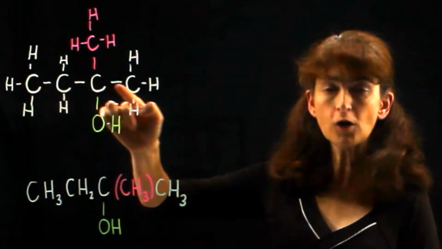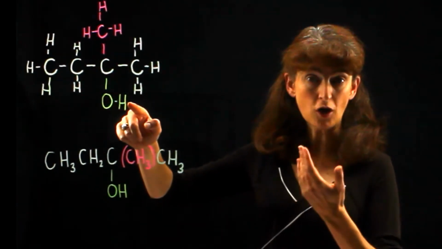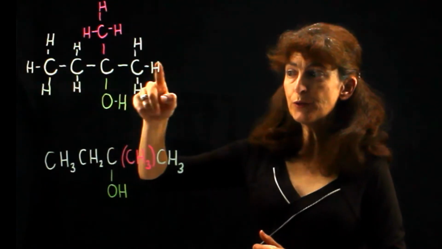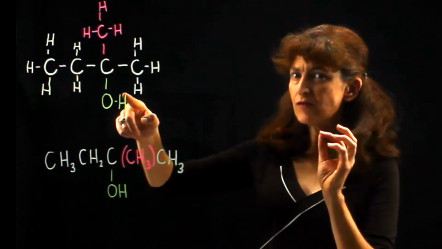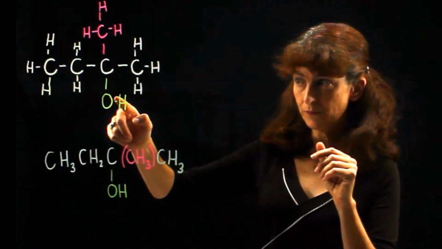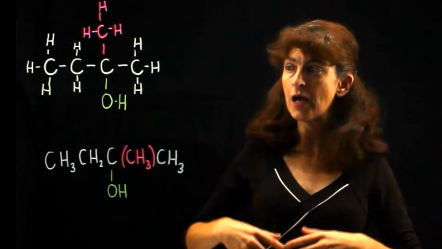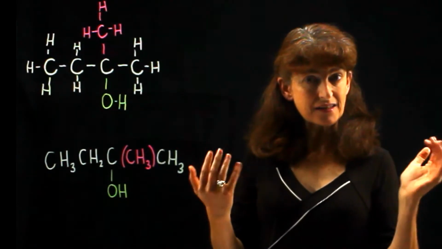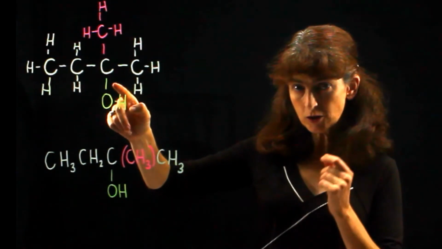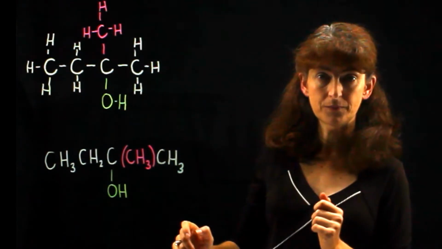Because there are 4 carbons, this is a but-. Because the functional group is hydroxyl, telling us that this is an alcohol, this is butanol. We also have to give the position of that hydroxyl functional group. And to do that, we have to number the carbons. We number the carbons in the main chain such that the carbon to which the functional group is connected gets the smallest number possible.